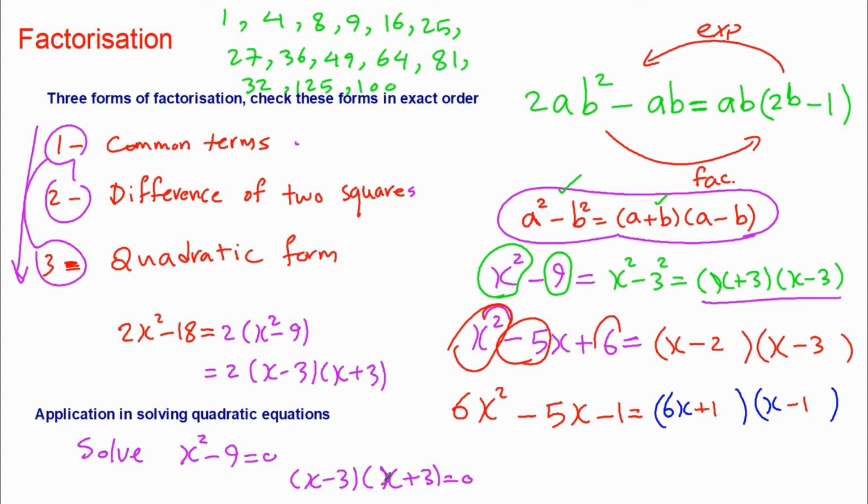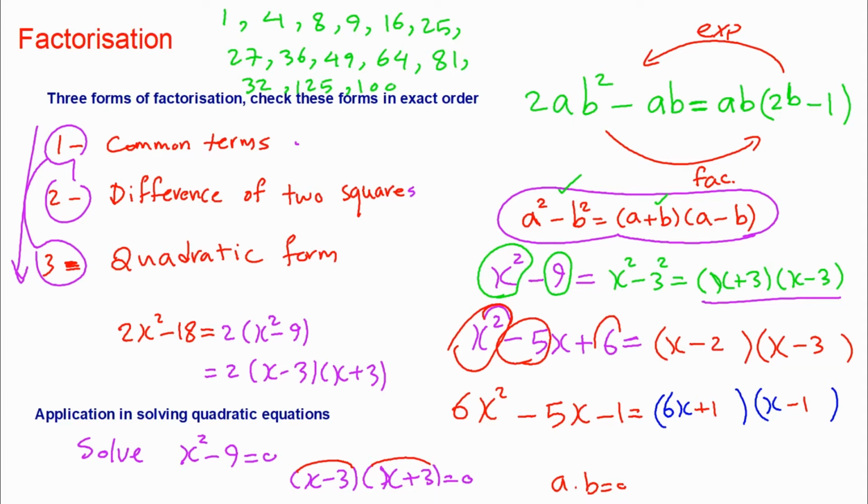So when we have two numbers multiplied by each other and becoming 0, for example, if I put a times b equals 0, a times b equals 0 will be satisfied if either a or b is 0, because anything times 0 would be 0. So in here, this equation would be satisfied if just x minus 3 equals 0, or if just x plus 3 equals 0.